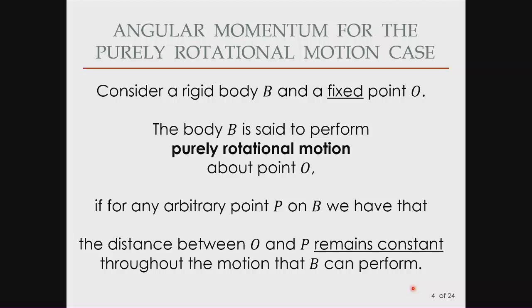All right? Any questions about what is purely rotational motion now? So remember, you are looking for two conditions: constant distance of any arbitrary point, I mean all points on the rigid body, to point O, and that point O has to be fixed.